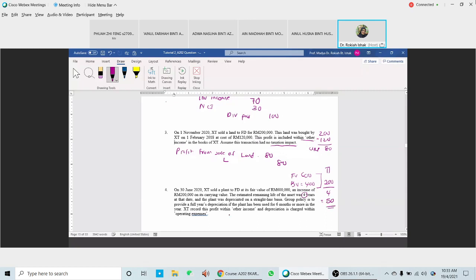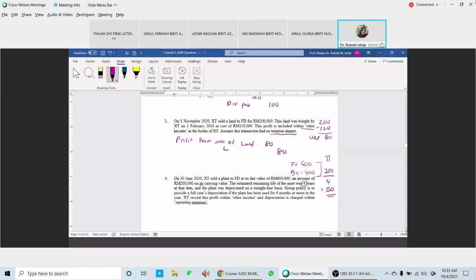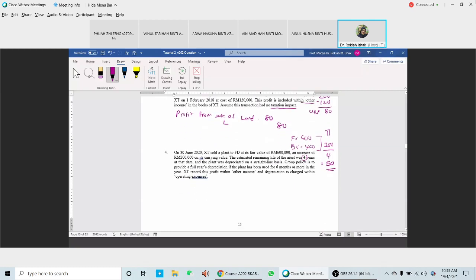Okay, and it said to record the profit within other income and charge depreciation within operating expense. So you're going to debit profit from the sales of plant, the profit that we have here is 200, and then credit plant or equipment 200.